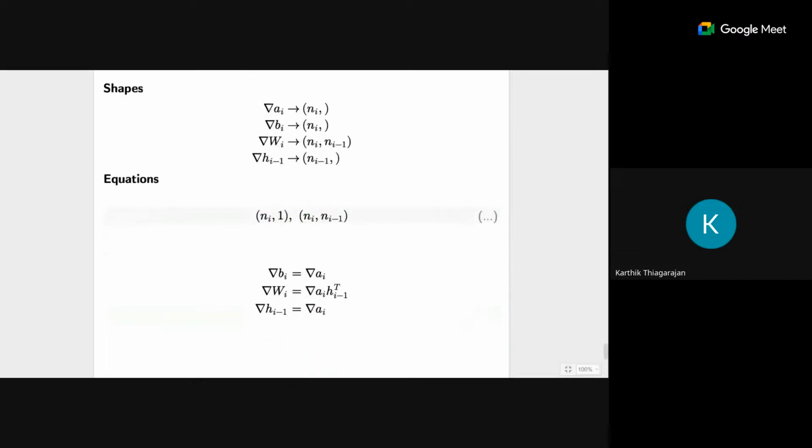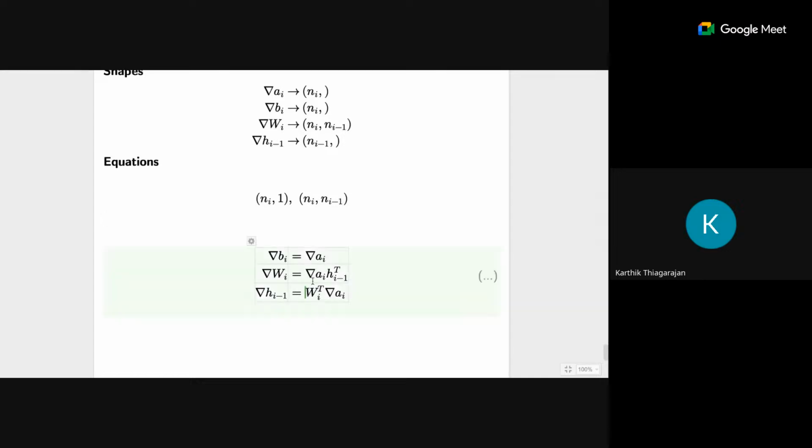So I have to somehow multiply these two quantities to get N_{i-1} comma 1. That's what I want. So how should I multiply this and W_i so as to get N_{i-1} comma 1? W_i transpose times the gradient of a_i. Correct, right? So you have to multiply W_i transpose with this fellow.